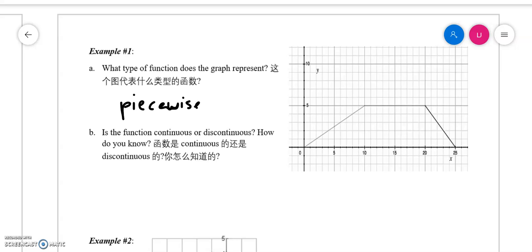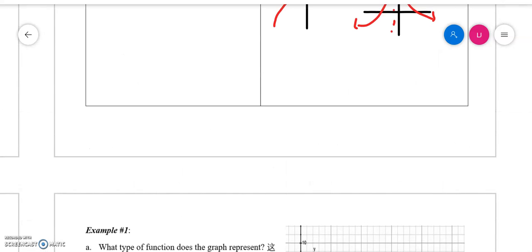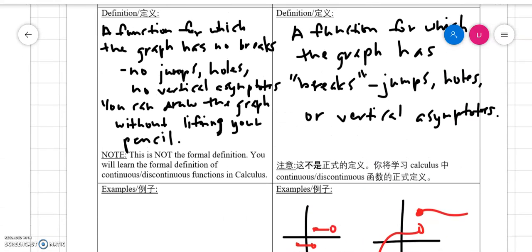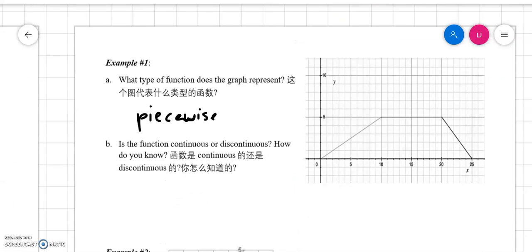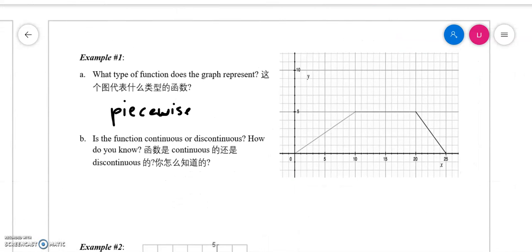Now, if we look back at our definition, a continuous function has no jumps, no holes, no vertical asymptotes, and it can be drawn without lifting up your pencil. So let's see if that's true. Do we see any jumps in this graph? Anywhere that either the value just suddenly changes, or there might be a hole with a value somewhere else?